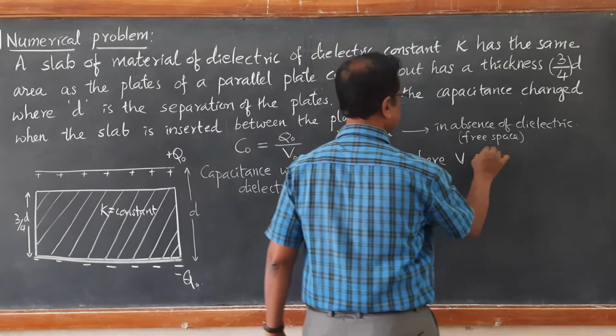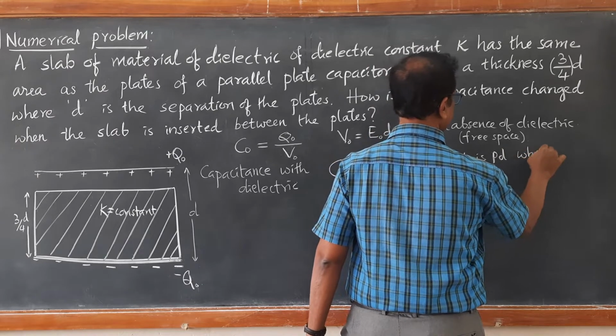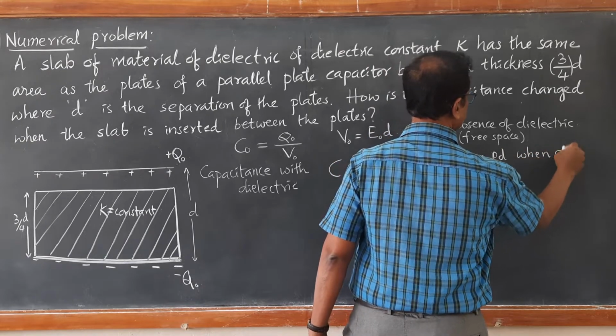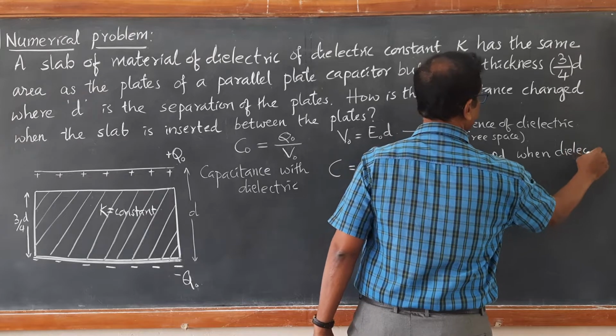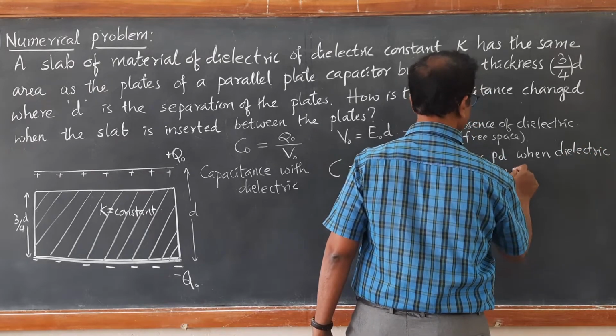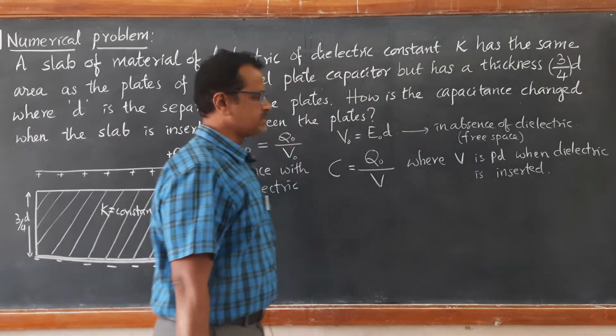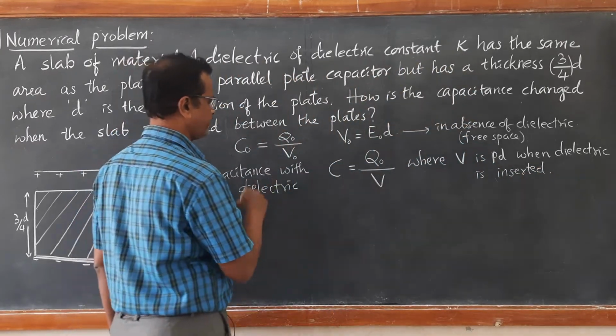V is the potential difference when the dielectric is inserted. How to find out V?